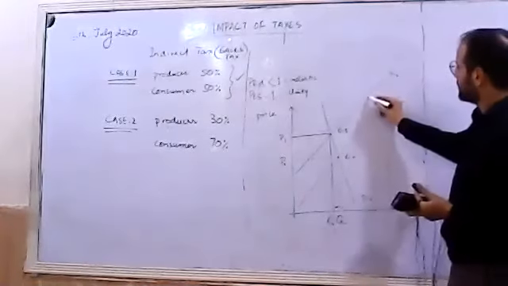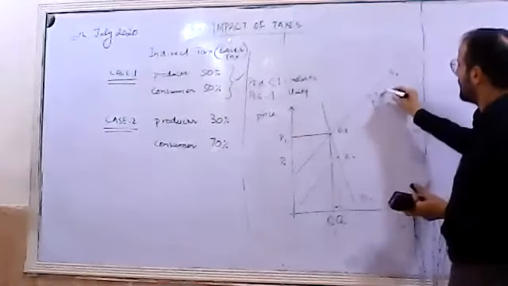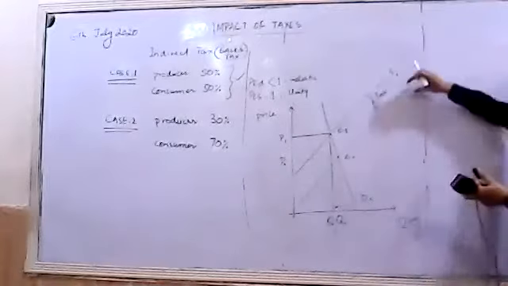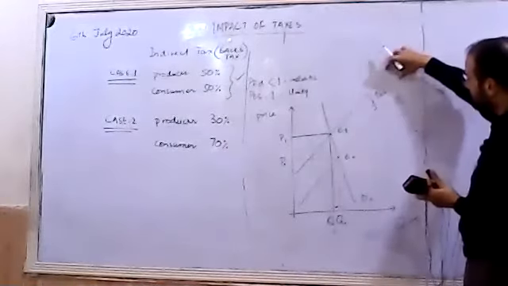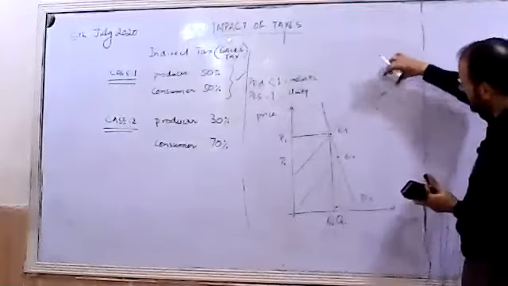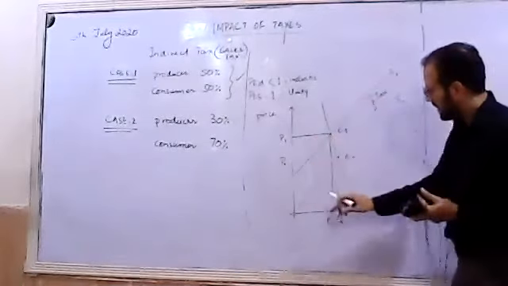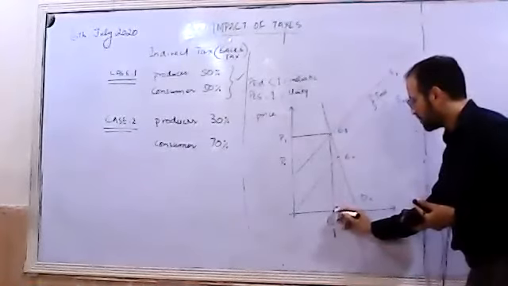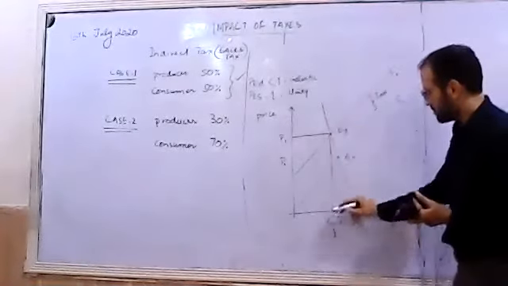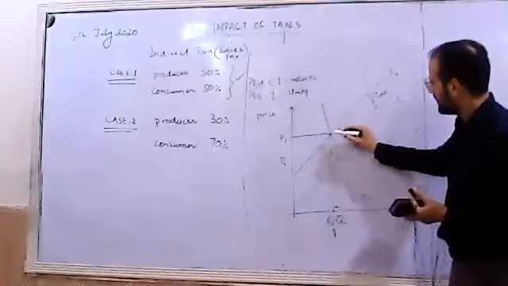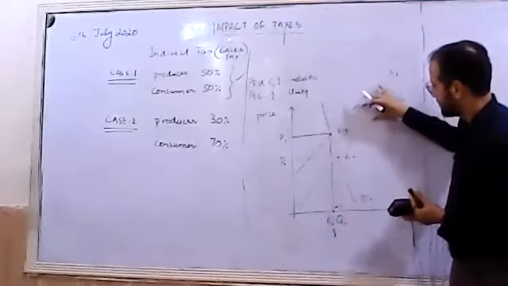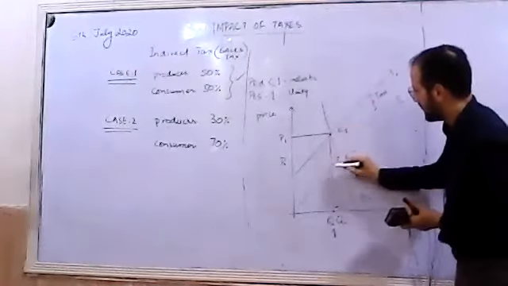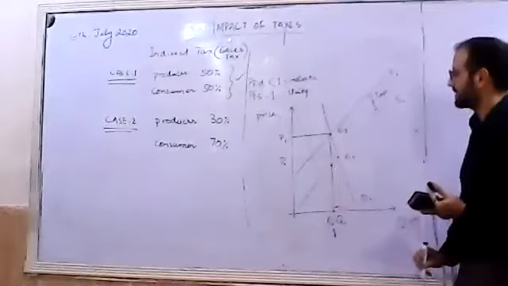Now, we all know that this is the tax, the gap between the S1 curve and S naught. It's all because of the tax. The existing quantity is now Q1. So this Q1 at E1 is actually cut by the tax, or indirect tax, from this point to this point.